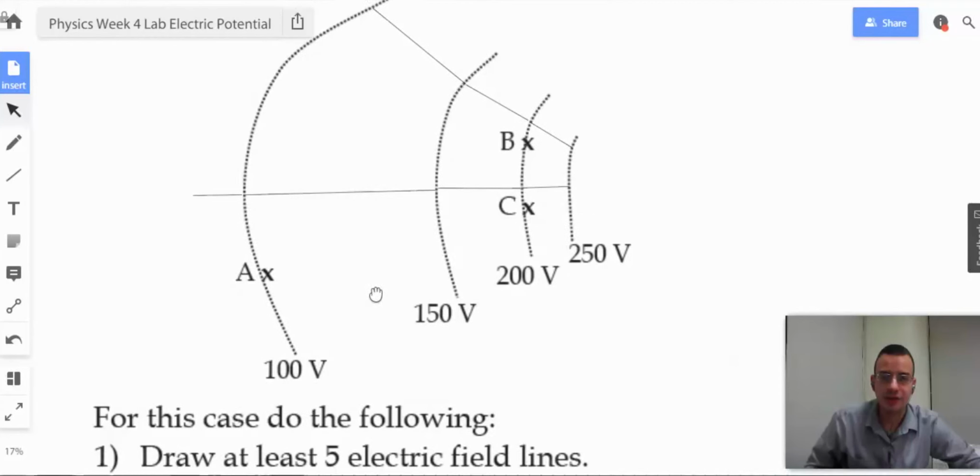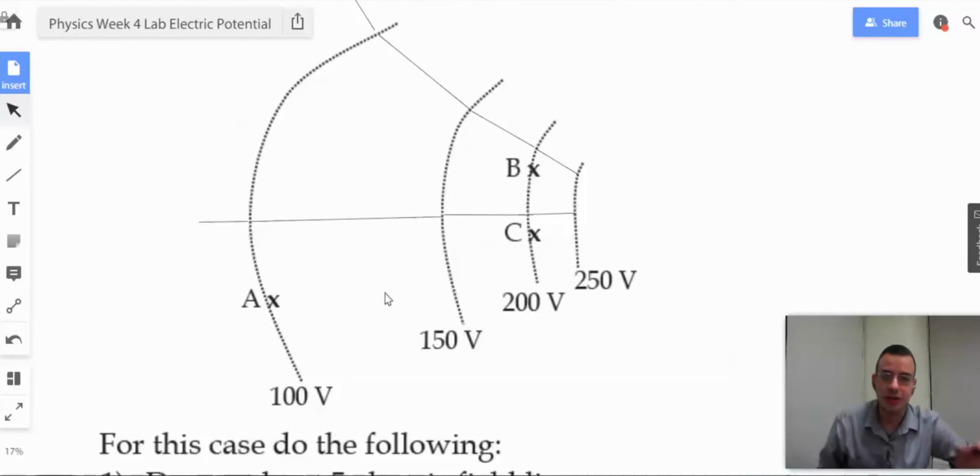Now we have the electric field lines. Now we need to find a direction. Electric field lines need a direction, so we go from high potential to low potential. Think of it like a topographical map, and we assume a positive test charge. Like a mass, it would roll from high gravitational potential to low gravitational potential.